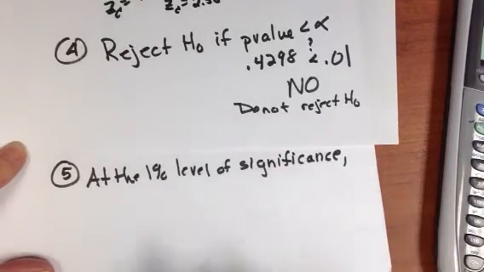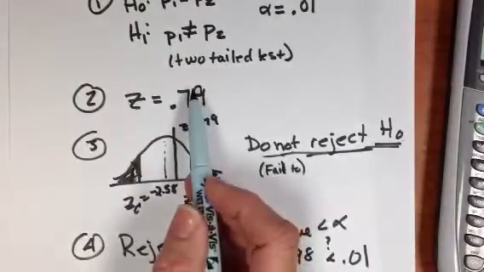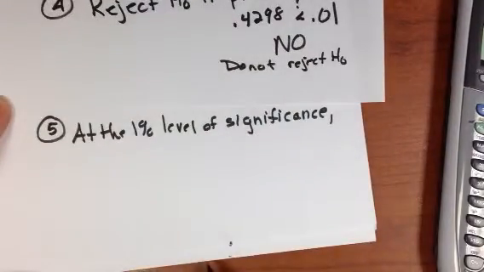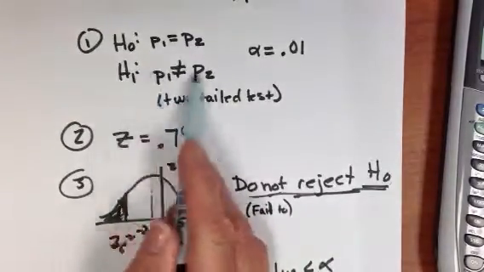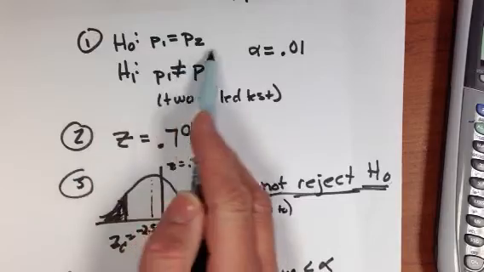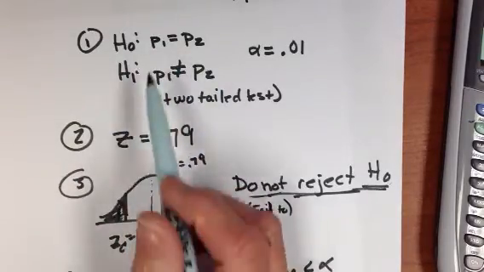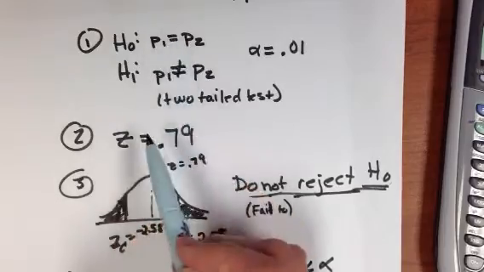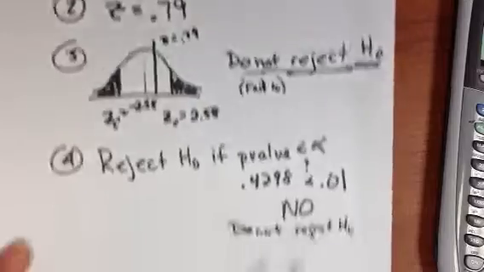Remember, in my interpretation, I'm always saying I do or do not have enough evidence to prove the alternative. So in this case, I do not. I don't have enough statistical evidence to say that they're different. Therefore, I have to assume that they're equal. I didn't prove that they're equal, but I'm assuming that they are equal because I do not have enough statistical evidence to prove the alternative.